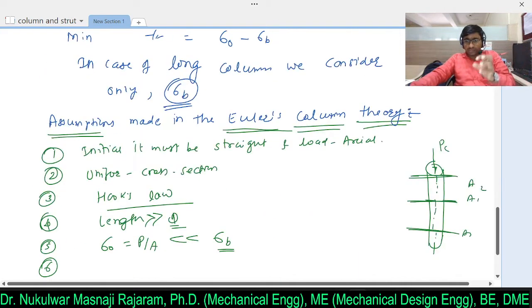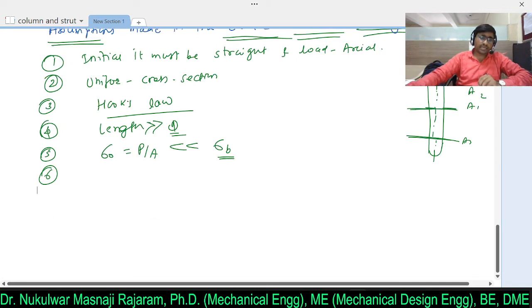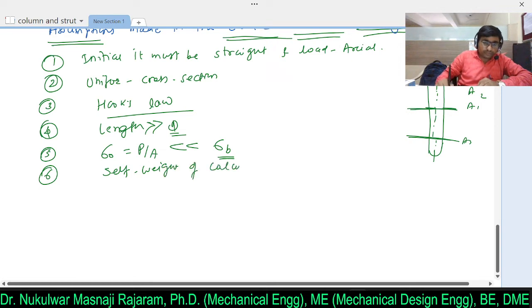Because as soon as you apply the load, it will start to buckle. Instead of taking any axial load, it will start to buckle. So its direct stresses are negligible, or a very small value. And last but not least, most important, whatever the self weight of the column is, it must be negligible.